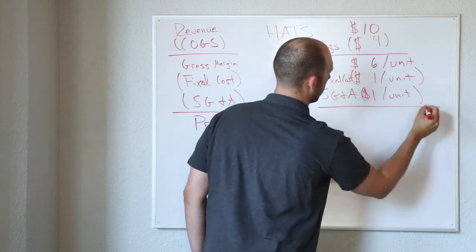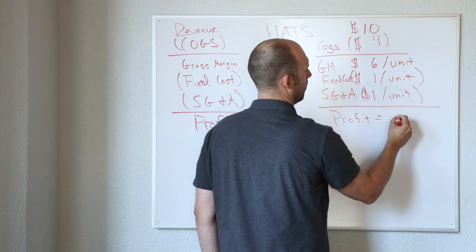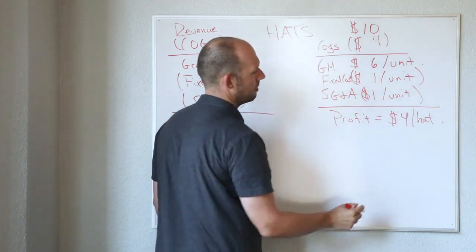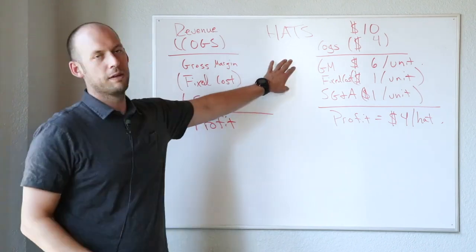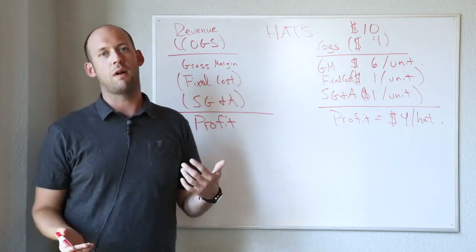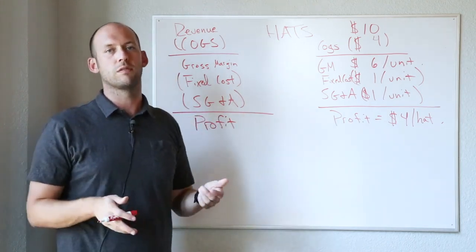And what we end up with is a profit margin of $4 per hat. So this is an accurate picture of the unit economics in this example of selling an individual hat on behalf of your nonprofit to generate income to serve your mission or further the goals of your organization.